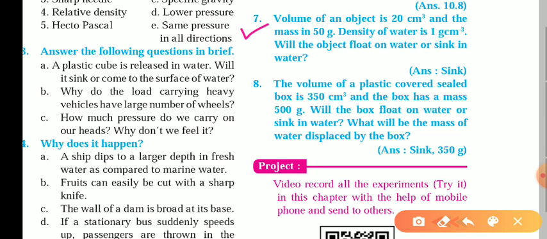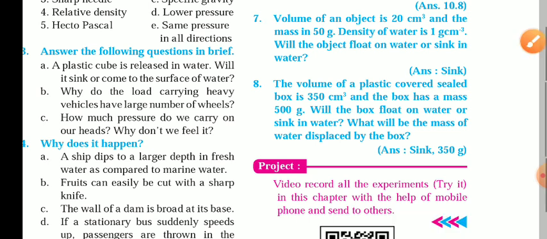If the object's density is higher, then it will sink. If it is the same as water, then it will stay in the water and float. And if it is less than water, then it will float at the surface. So let's check it out for this one. We will use a formula. First, we calculate the density of the object.